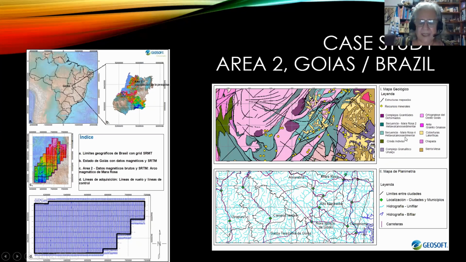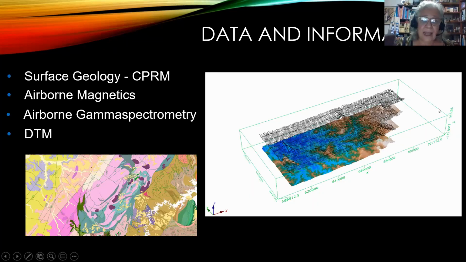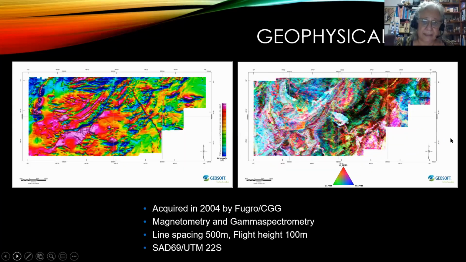It's a very important mineral state in Brazil, near Minas Gerais. Goiás also has lots of mines there. So we have used the surface geology from the geological survey, the airborne magnetics, airborne gamma spectrometry, and the digital terrain model to generate this.